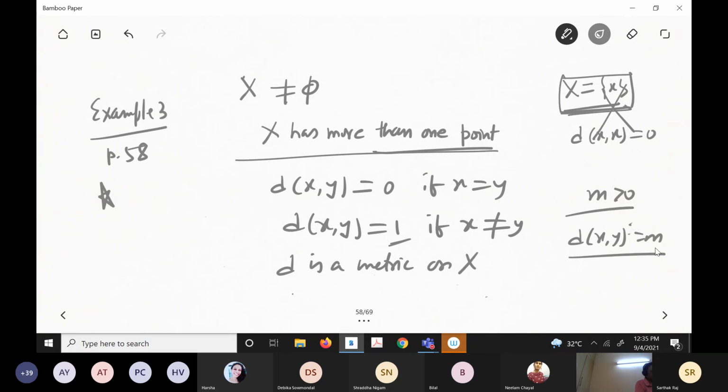That means the distance between two distinct points I am always keeping fixed. And this will give you a metric.